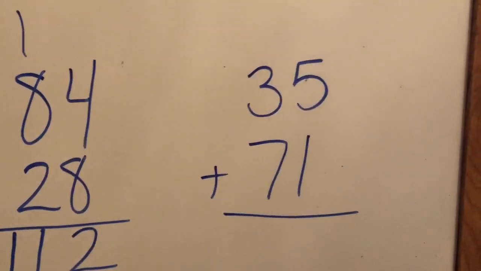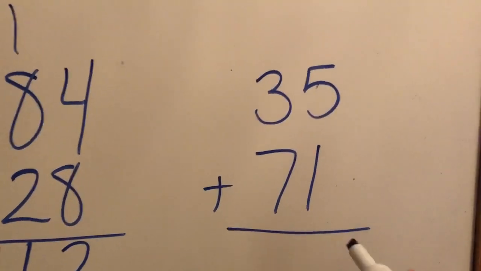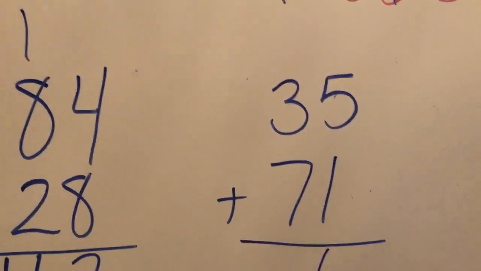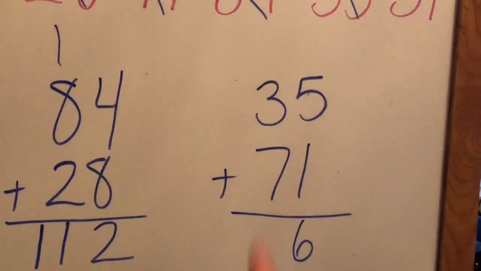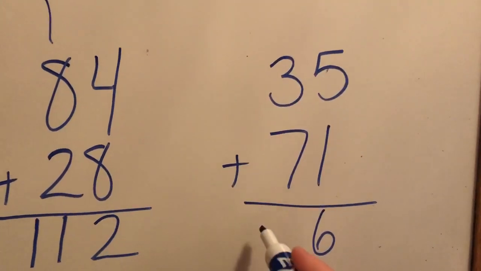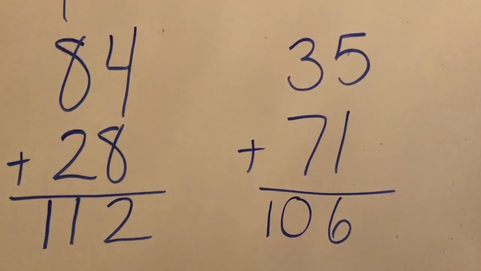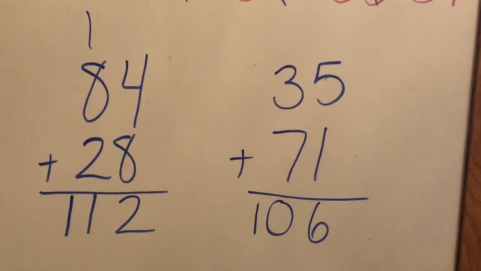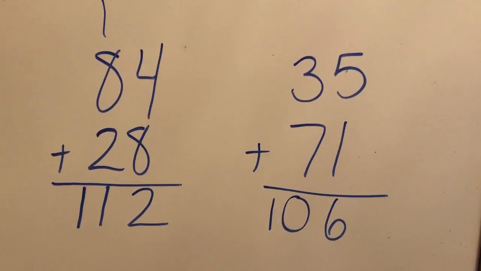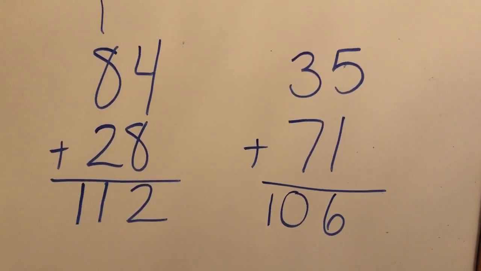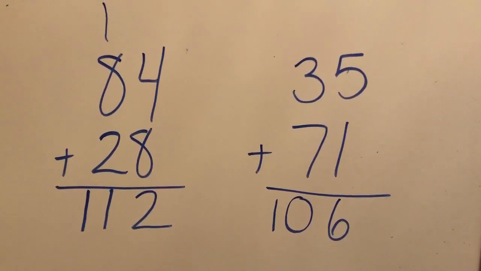What's 5 plus 1? It is 6. We do not need to trade for a dime, do we? What is 3 plus 7? It is 10. We do not have any numbers in the hundreds place, so we're going to write that number 10. And what does 35 plus 71 equal? It is 106. We just barely went over 100, but sure enough, it is more than 100.